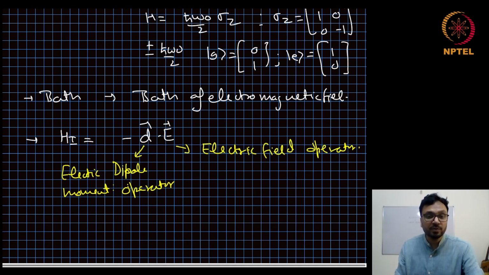If we have a dipole moment and there is an electric field present, the interaction between the dipole moment and the electric field is given by minus d dot E. We use the same interaction to consider the interaction between the atom and the electromagnetic bath, but d here is now a vector of operators, the electric dipole moment operator of the atom, and E is the electric field operator of the bath.